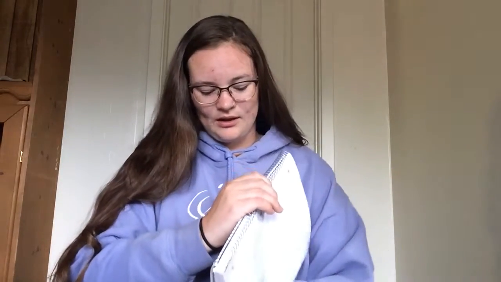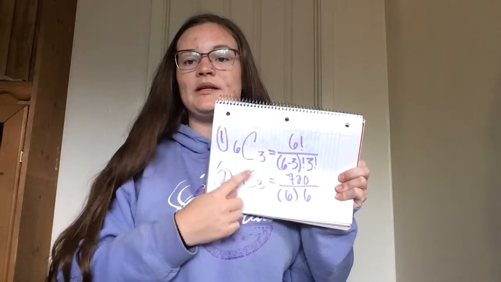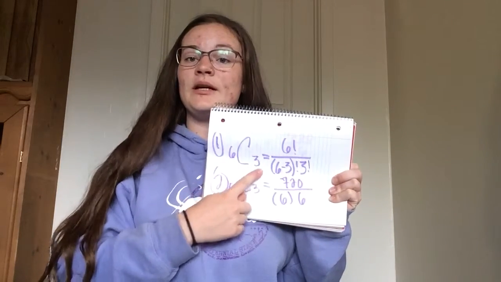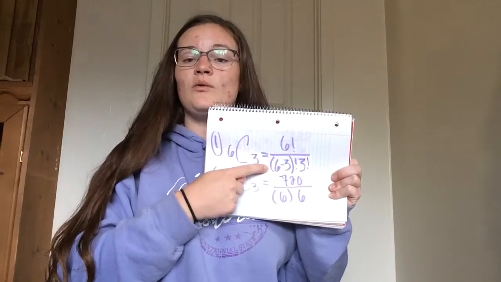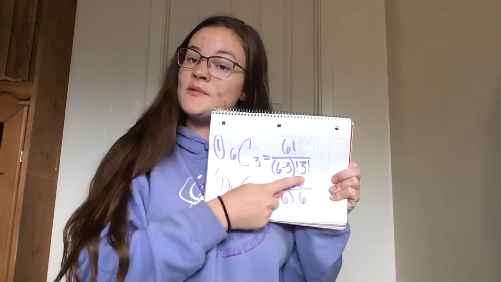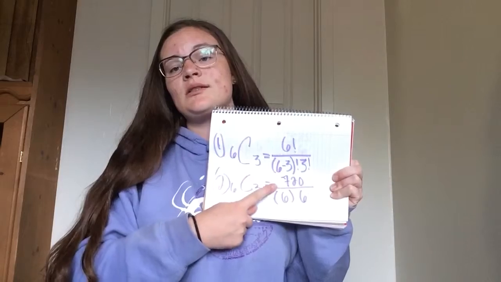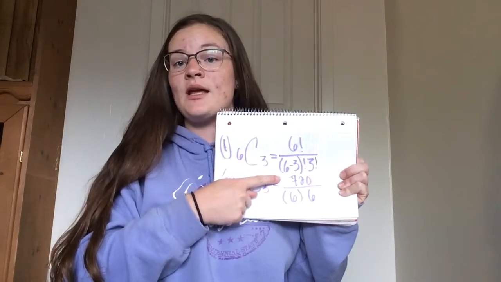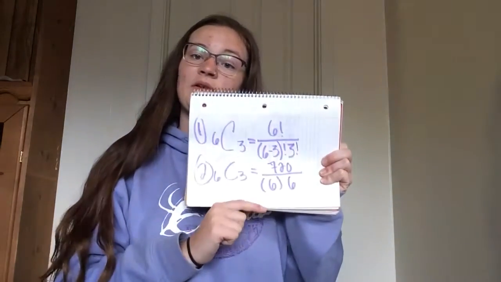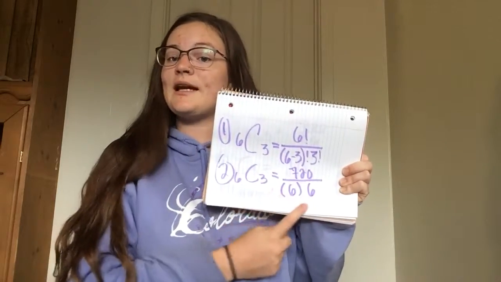And so what you would do is plug all of that into the formula. So it would be 6 combination 3, with 6 factorial over 6 minus 3 factorial times 3 factorial. And then that comes out to 6 factorial is 720, and then 6 minus 3 is 3. So then 3 factorial, like I said before, is 6, and then again is 6.